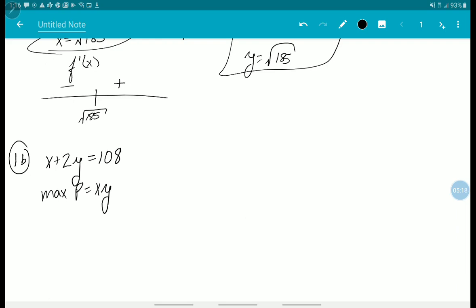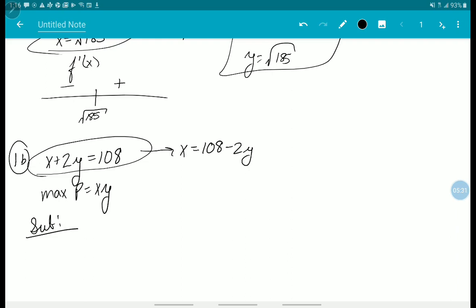Now, just like before, we're going to have to make a substitution. This equation would be easy to solve for x. If we move that 2y over, we now have a substitution we can use in here.